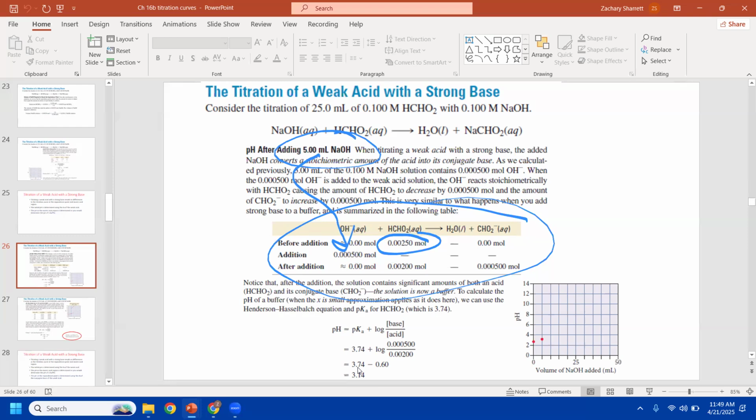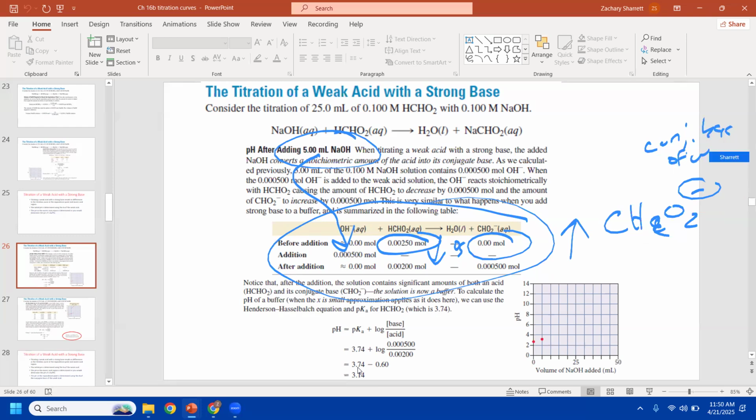This goes down by 0.05. But now, even though we had no conjugate base in there before, we're now making some conjugate base, which is CHO2 minus. This is the conjugate base of the weak acid. Okay? So now we have moles of these things.